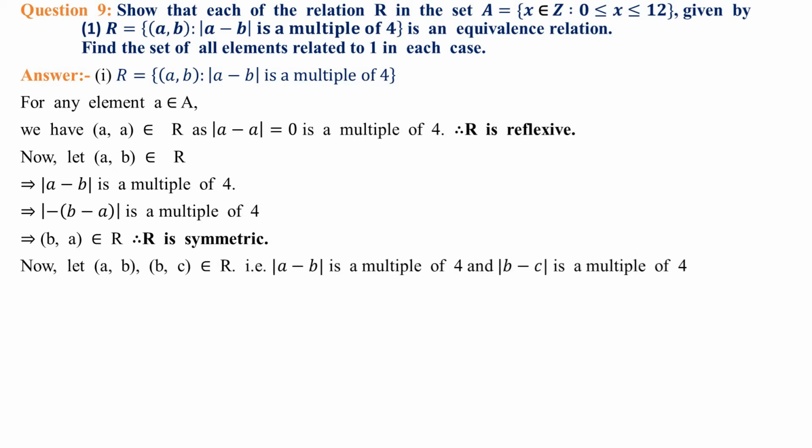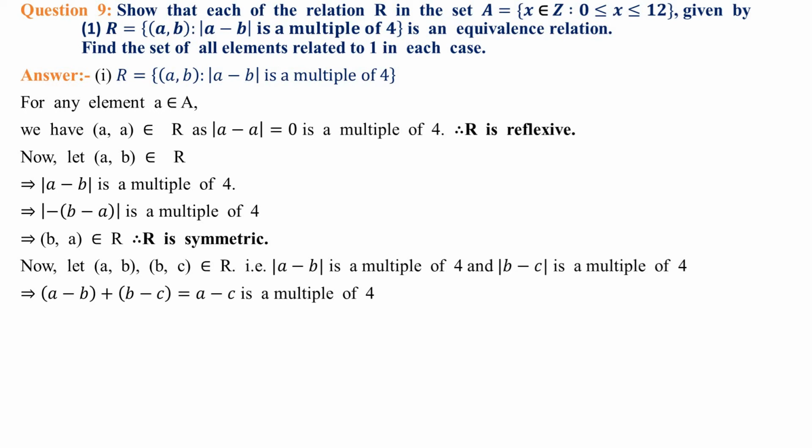Next, (a, b) belongs to R and (b, c) belongs to R. Here given that a minus b is a multiple of 4 and b minus c is a multiple of 4. Then the addition is always a multiple of 4.